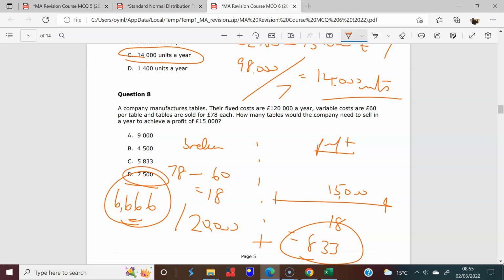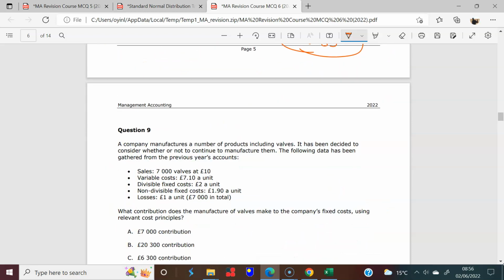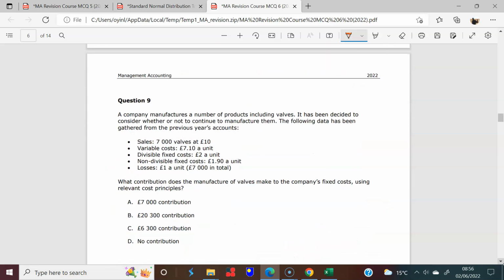I suppose you could just have added the two together. So the 120,000 plus the 15,000 divided by, which is how you see it in the formula, by the contribution per unit, right? And then you still get the same answer. Cool, great stuff. So that's D.